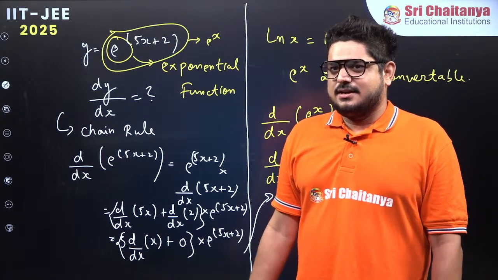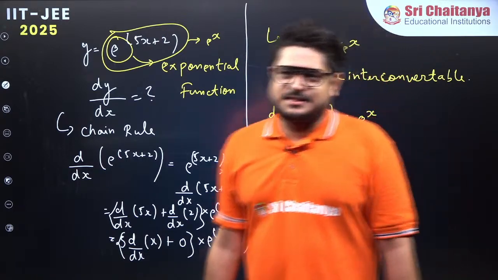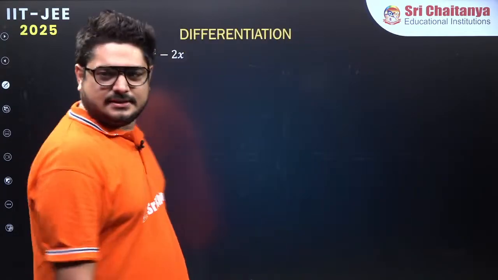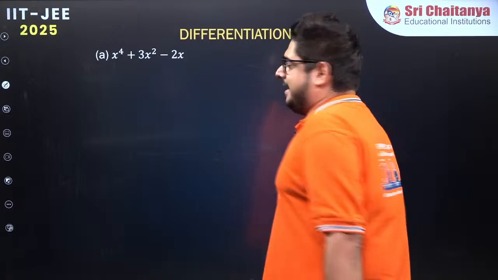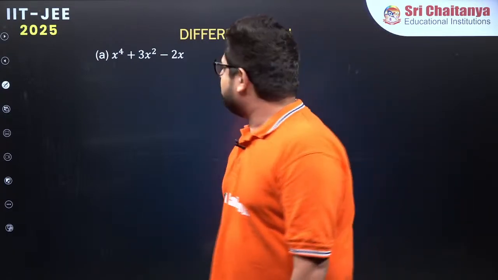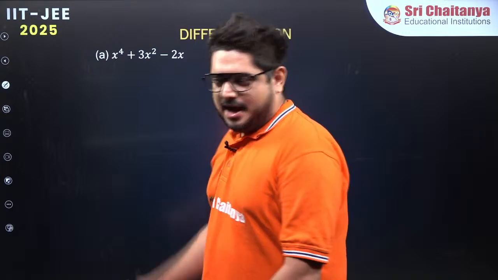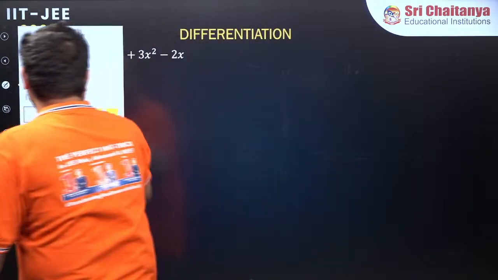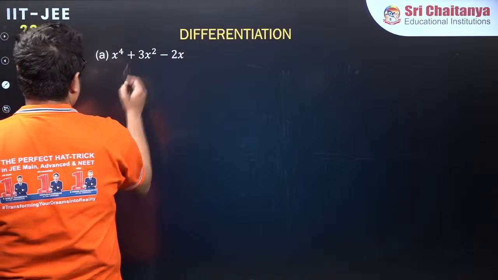Okay. So now let's try to solve this question which I am giving over here. y is equal to x to the power 4 plus 3x square minus 2x. How to solve it, everyone? So now once again you have to perform the differentiation.